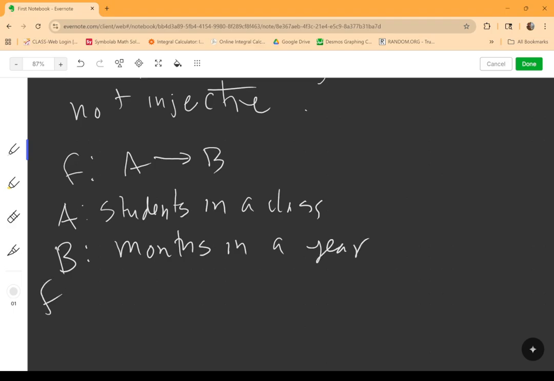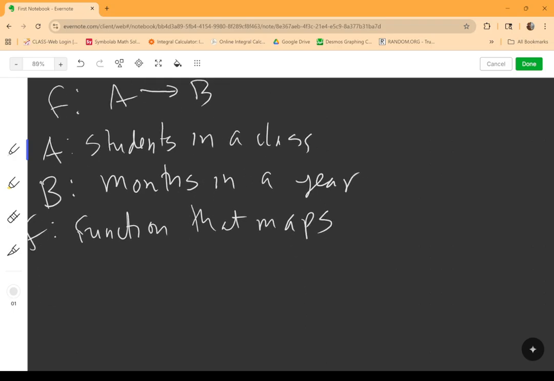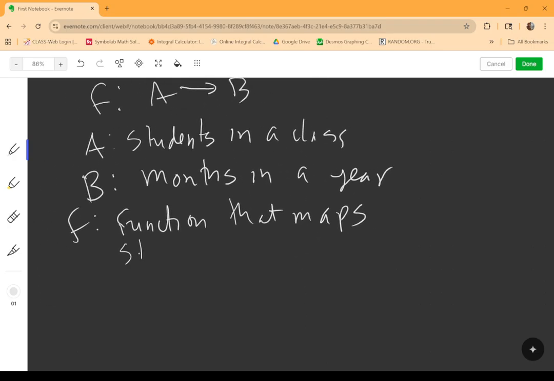And we could say f is the function that maps students to their birth month.